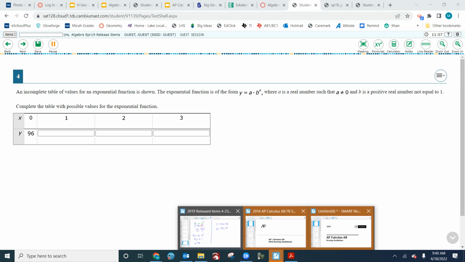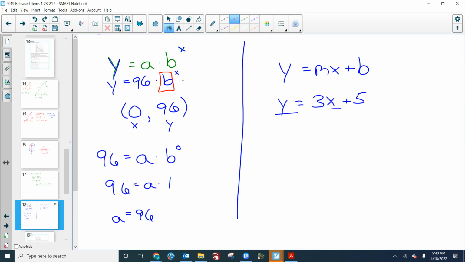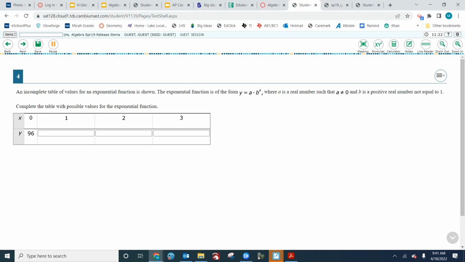So what if we do y equals 96 times 2 to the x? List possible values. Ready? When x is 1, what's our y?